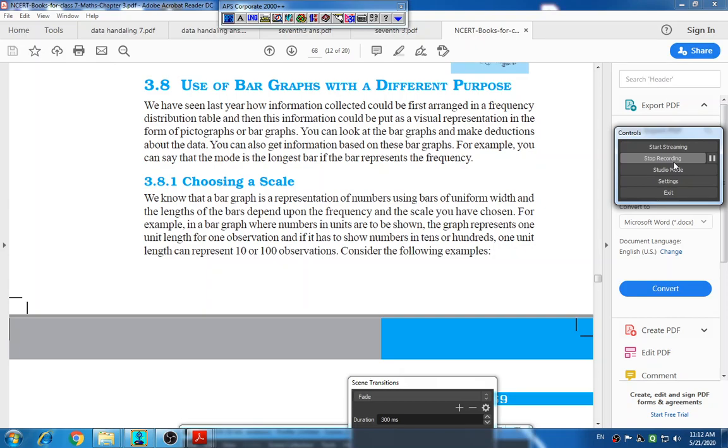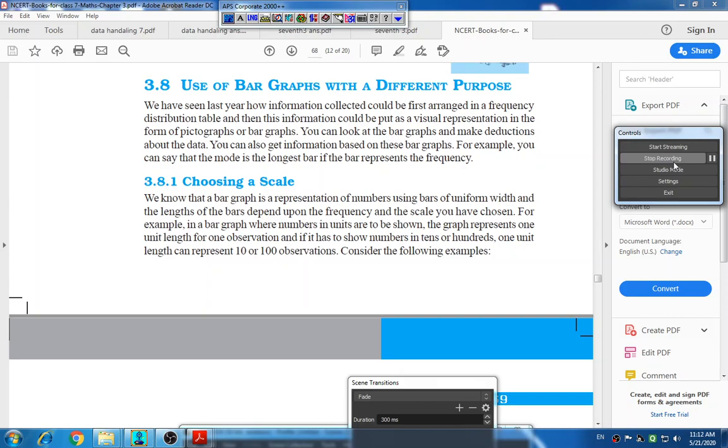Hello students. In the last session we have studied about the mode and median. Now in this session we are going to study how we can use it could be first arranged and then this information could be put as a visual representation in the form of bar graphs.